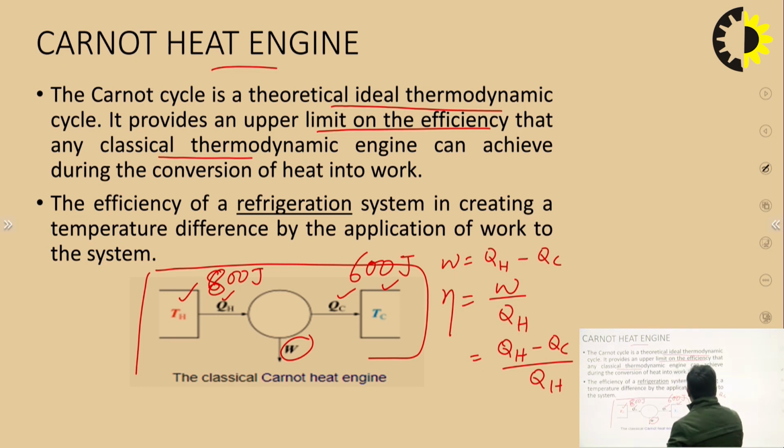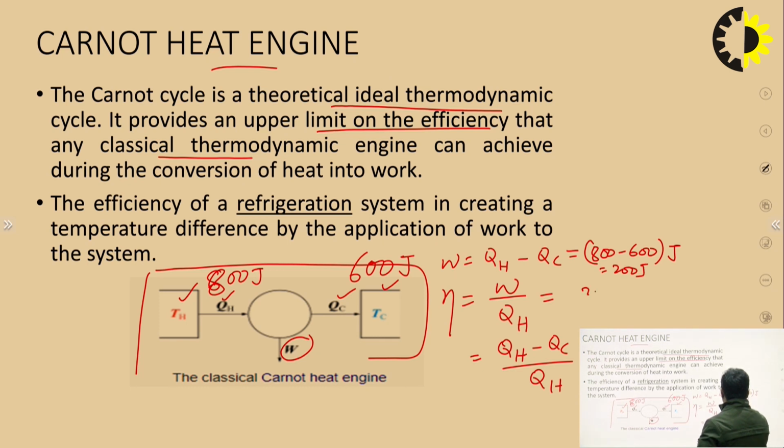So the work done will be 800 minus 600 joule, which is 200 joule, and the efficiency is 200 joule upon QH, which is 800. Based upon that, the efficiency will be around 25%.